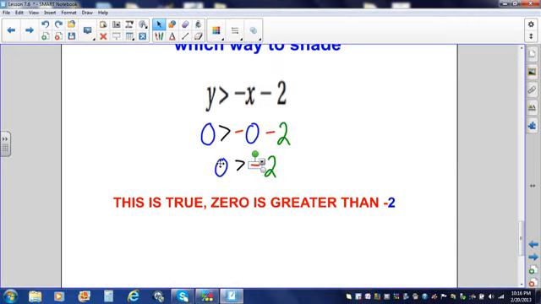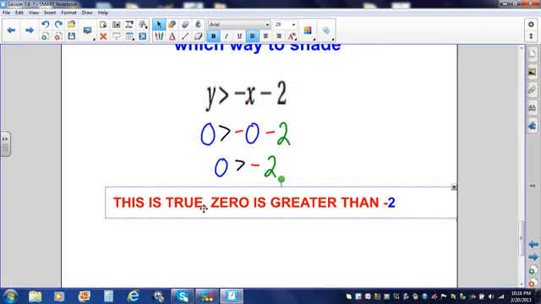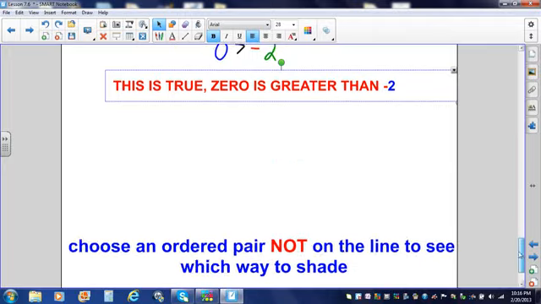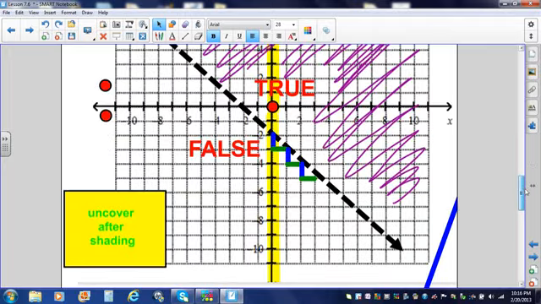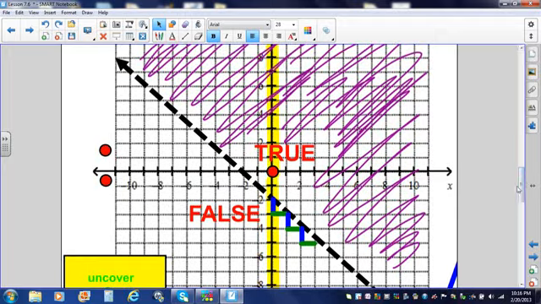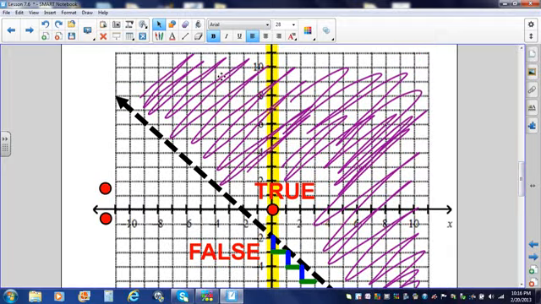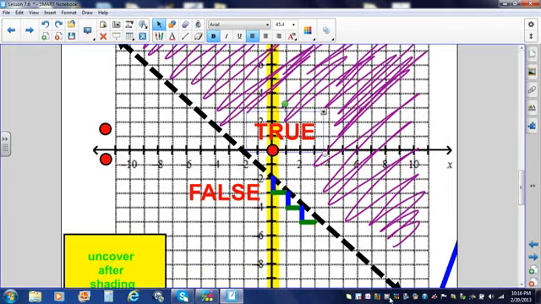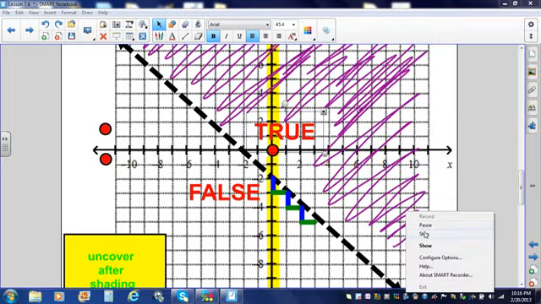Is 0 greater than -2? Yes, this is a true statement. 0 is greater than -2. So since it's true, we will shade the side lightly that is true. We always say shade the true side.